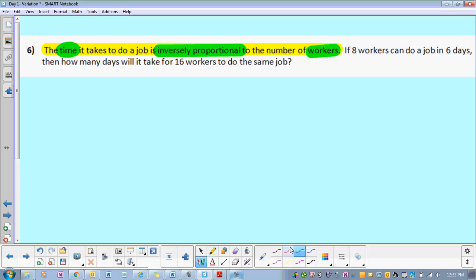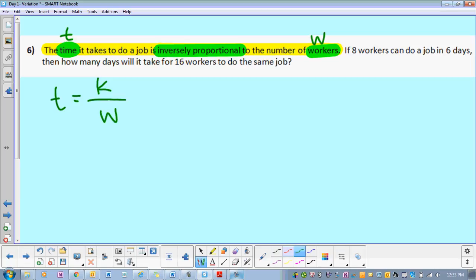Just pick out your important pieces of information, right? So time we can call T. Workers, we can call that W, or you could call it N for number of workers, right? So T equals K over W, because it's inversely proportional. So look at the next statement.